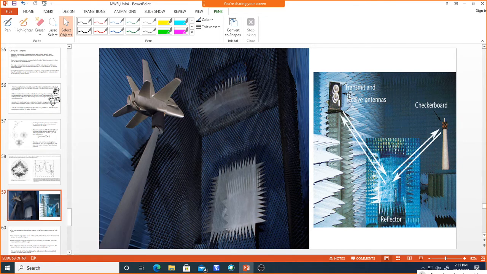We can see the target within the chamber, and these are the reflector antennas which reflect the energy. Whatever is reflected, the echo signal received by this reflector, will again be received by the receive antennas.